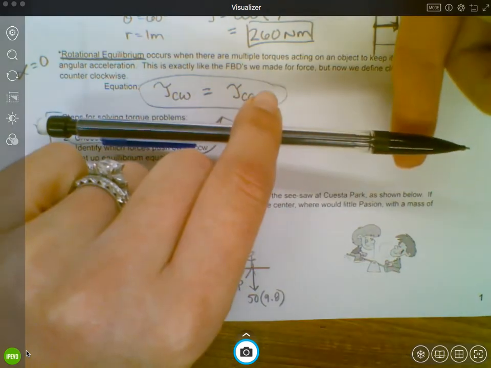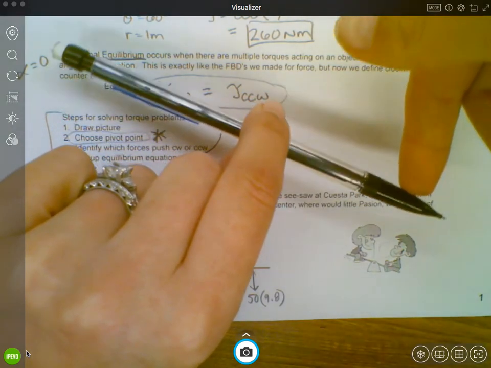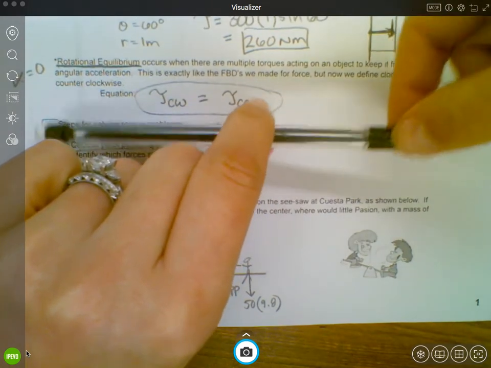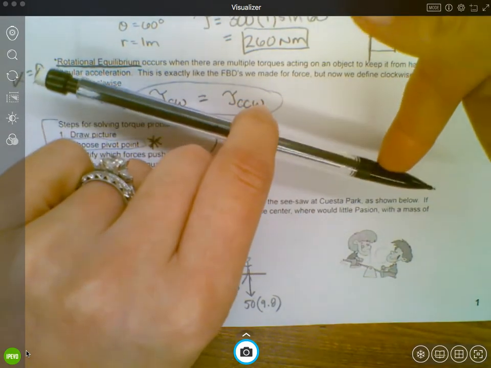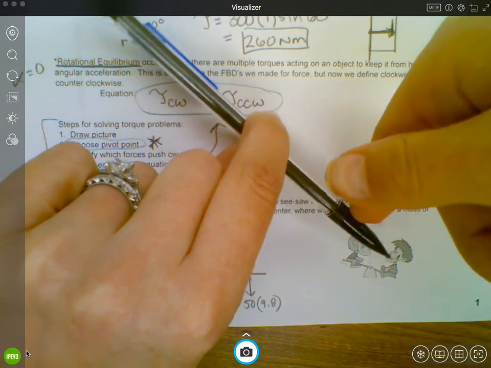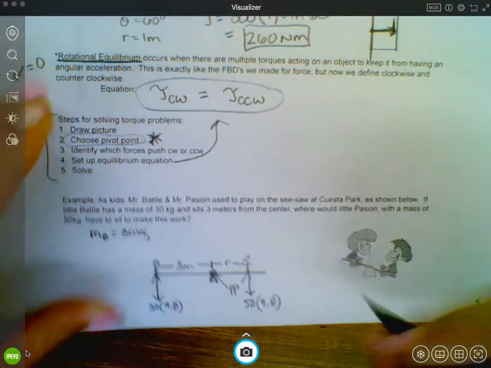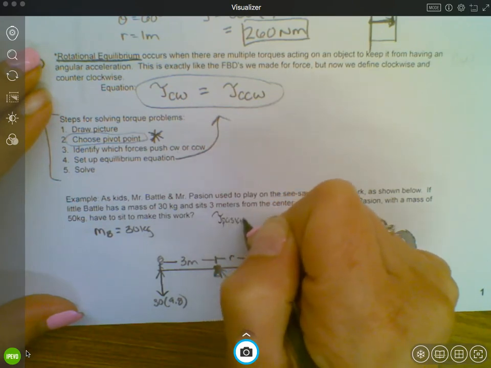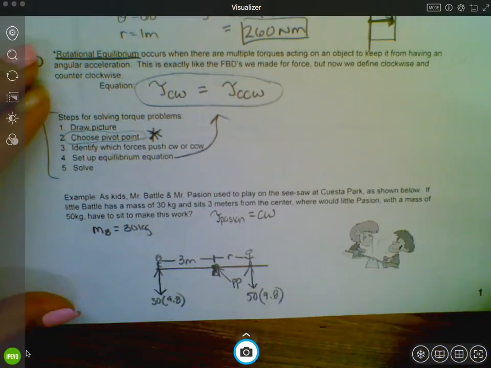I'm going to push down as if I'm exerting force like Mr. Passion. Which way does the pencil rotate? For Mr. Passion, it's rotating clockwise. So the torque caused by Passion is clockwise.